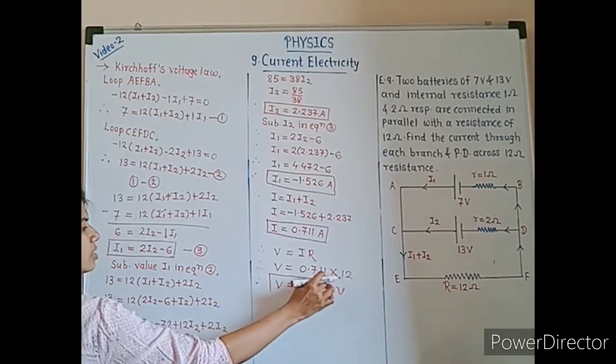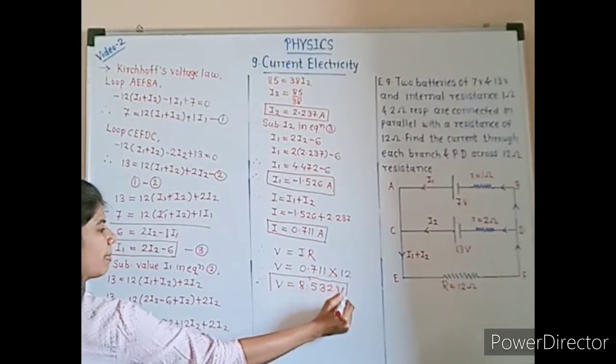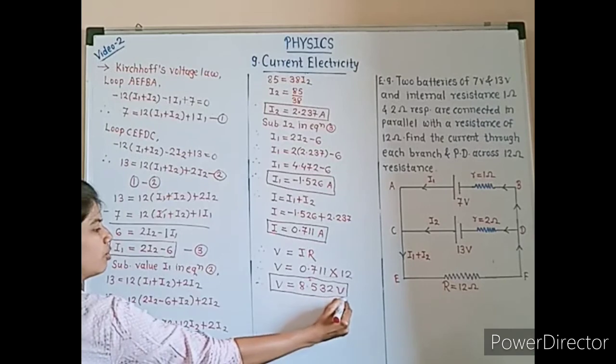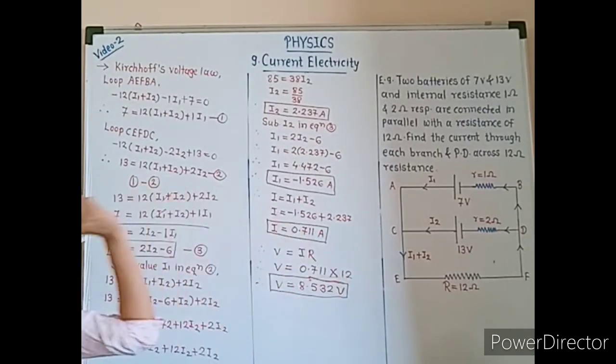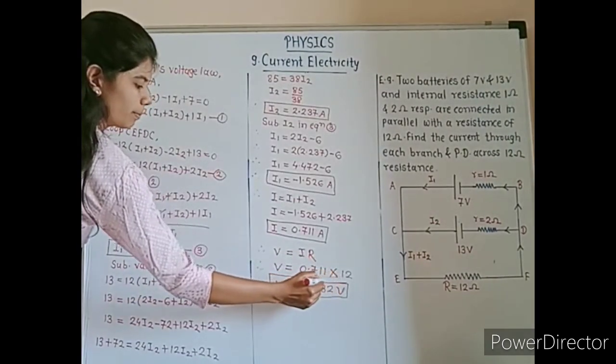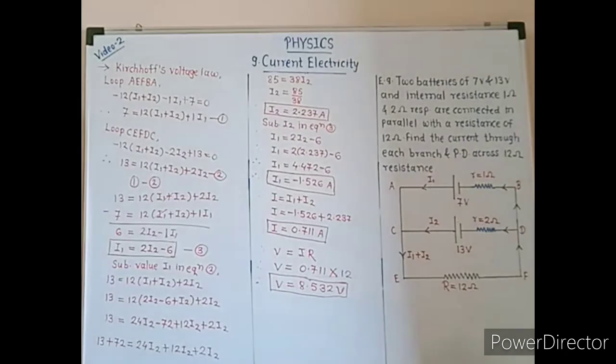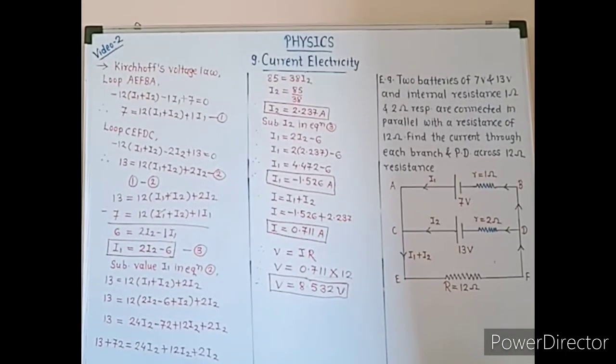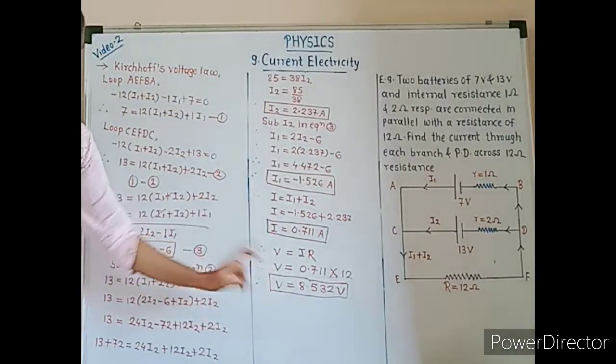So this is the potential difference across the 12 ohm resistance. So we get the values of I1, I2, total current I, and the potential difference V.